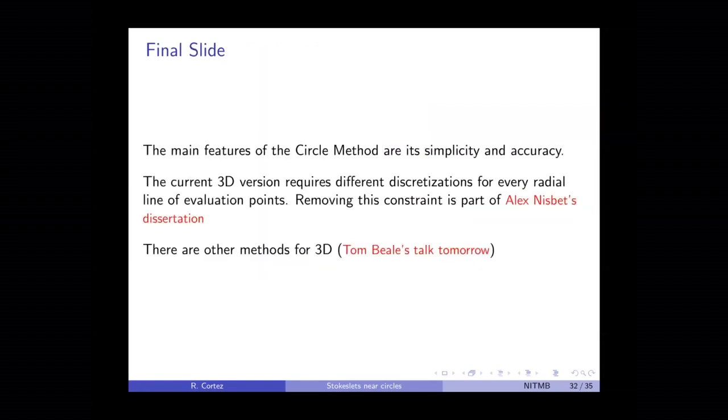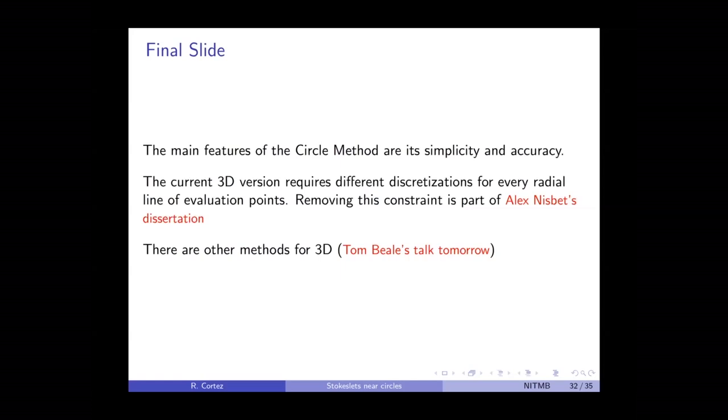And then, so this is my final slide, kind of. So mostly what I wanted to show you was the method, the circle method, because it's simple. I think the features are the simplicity, and you can see the accuracy that it gives you. We're working on a 3D version, so we purposely didn't want to use too much complex analysis because we wanted to try to extend it to 3D.